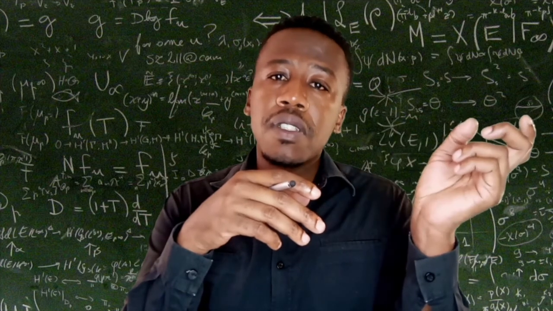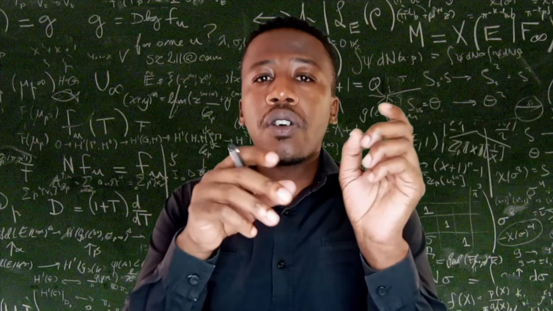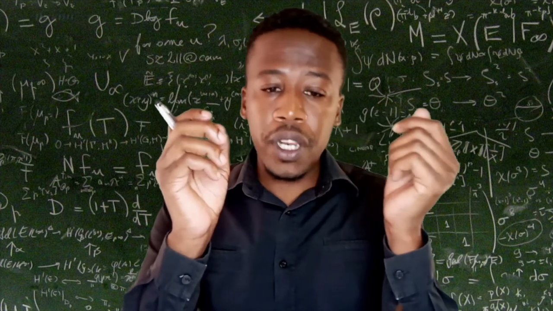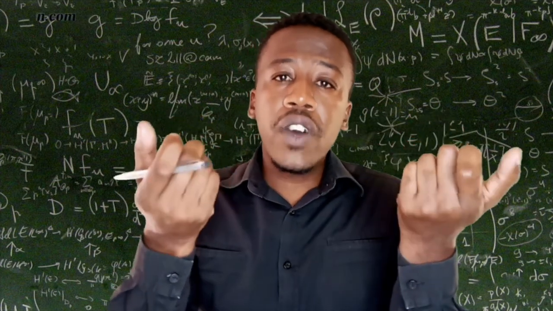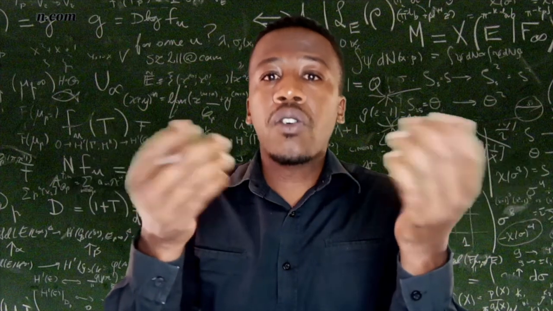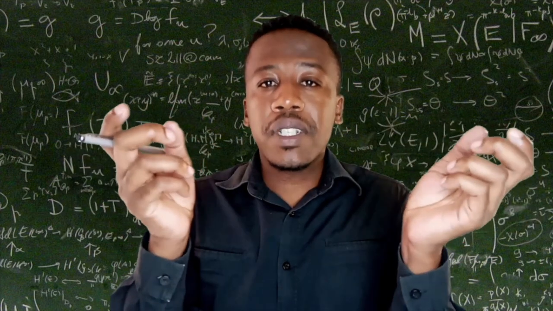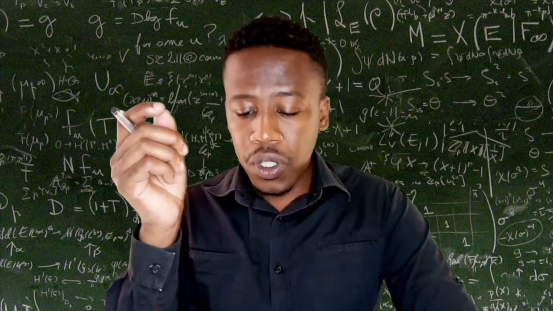You've dealt with simultaneous equations before, and when you need to solve for two unknown variables, one of the ways is solving them simultaneously. So that is what we are going to do here.